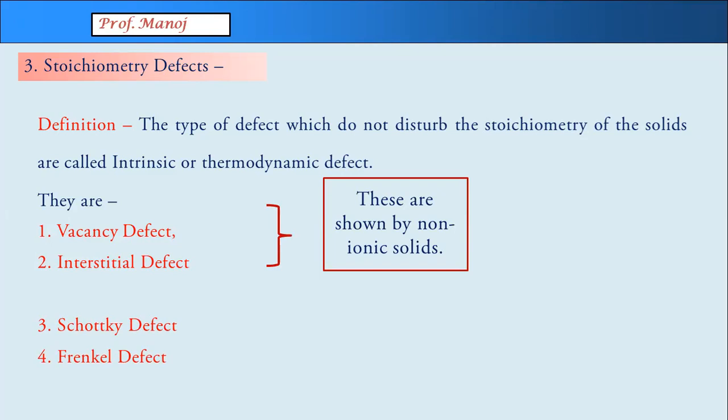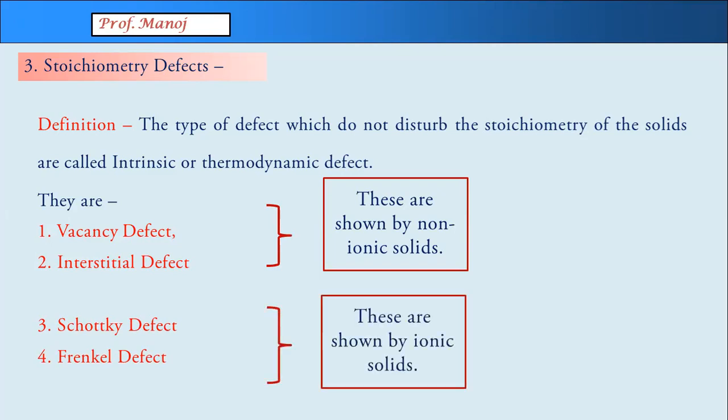They will show vacancy and interstitial, while Schottky and Frenkel are seen with ionic solids like sodium chloride, potassium nitrate, where you have a cation and an anion separate. That will show Schottky and Frenkel. So let us start now, one by one, with these four defects.